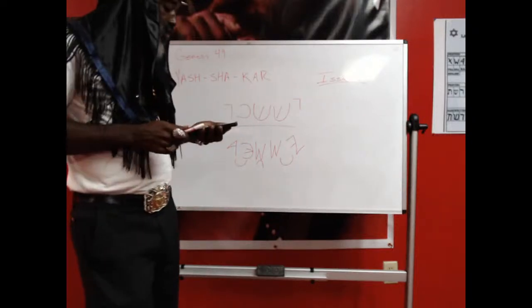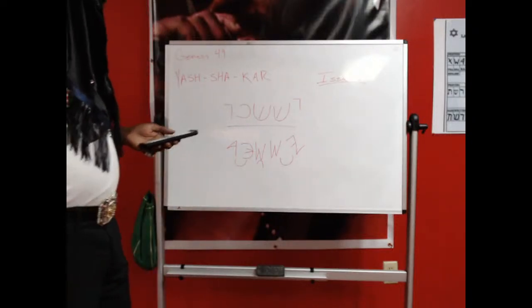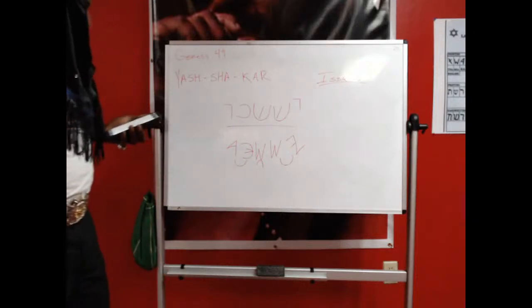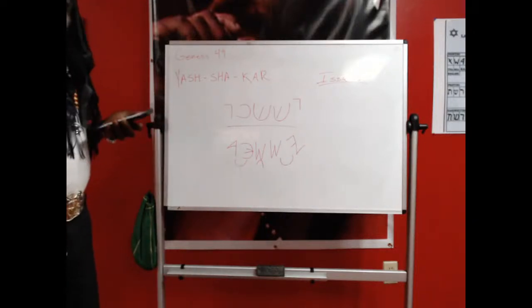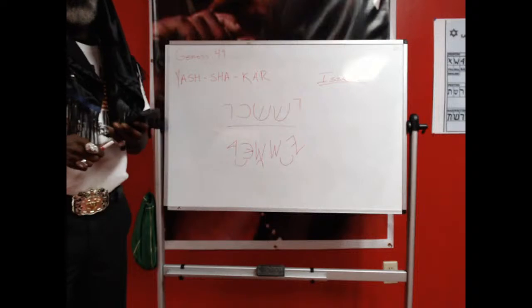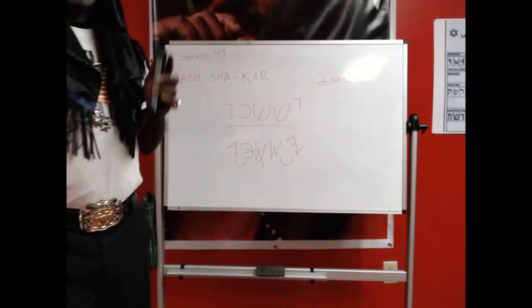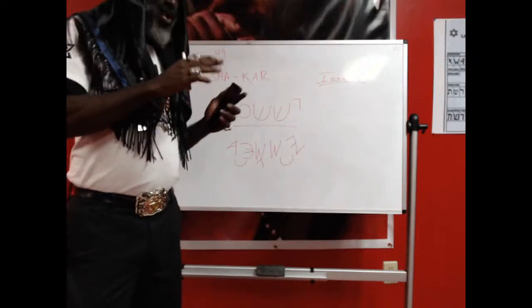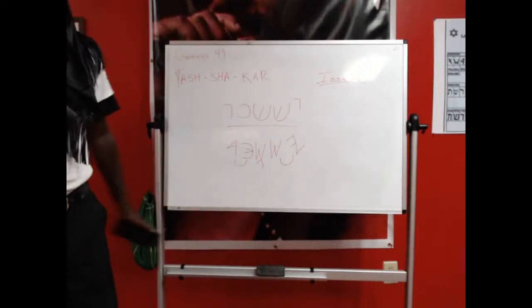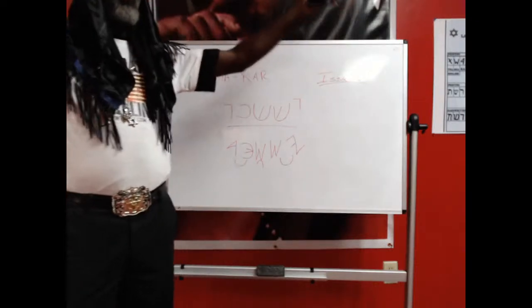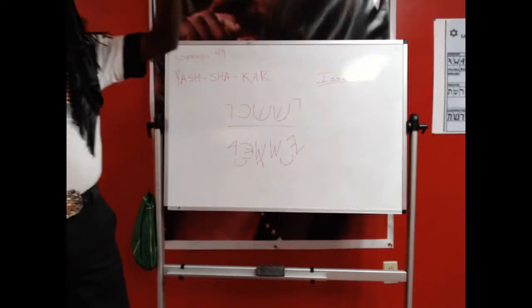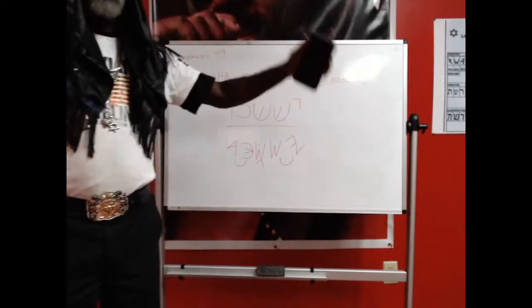Read it. The book of Psalms, chapter 24, verse 1. A psalm of David. The earth is the Lord's, and the fullness thereof. Meaning, the earth that we walk on, the ground that we walk on, the firmament, the heavens that we see, all that belongs to the Lord.